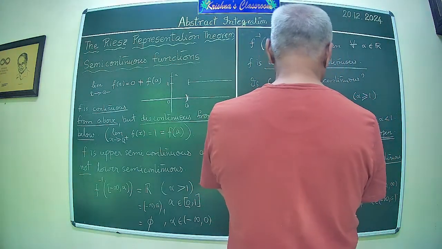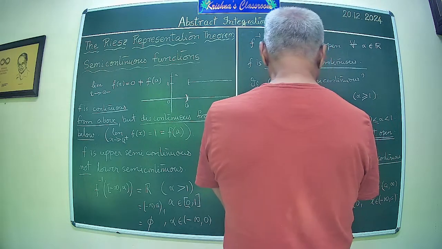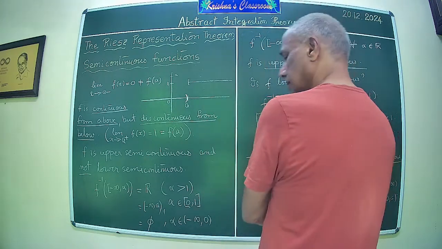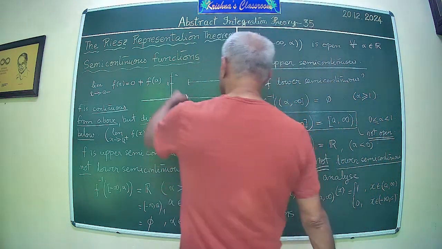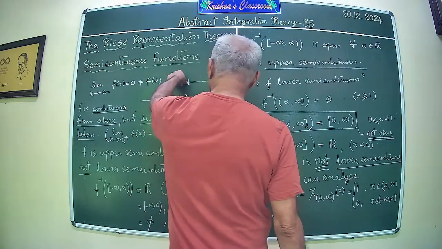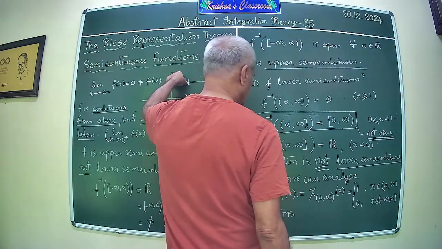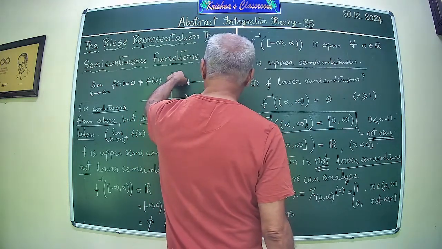this function. What is the property? The property is that at this point now it is going to be 0. So it's not upper semicontinuous.